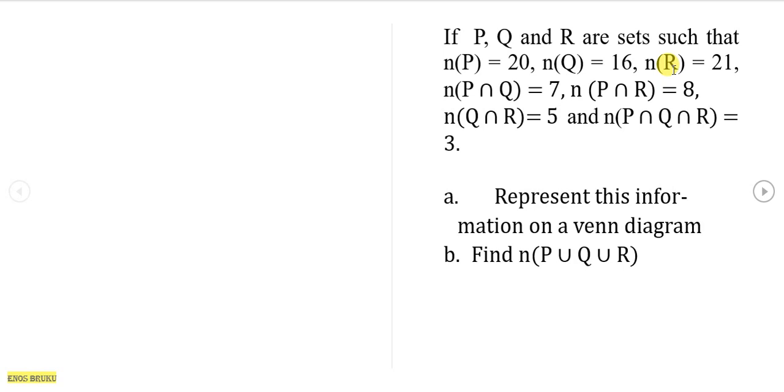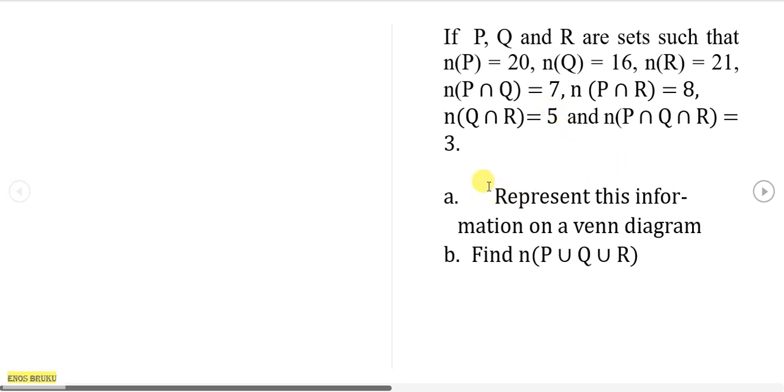Okay, so the key to solving any math question is always reading and understanding the question. Once you understand the question, you know what the question is requiring from you. So we have some mathematical statements here, and we are supposed to represent these statements on a Venn diagram.